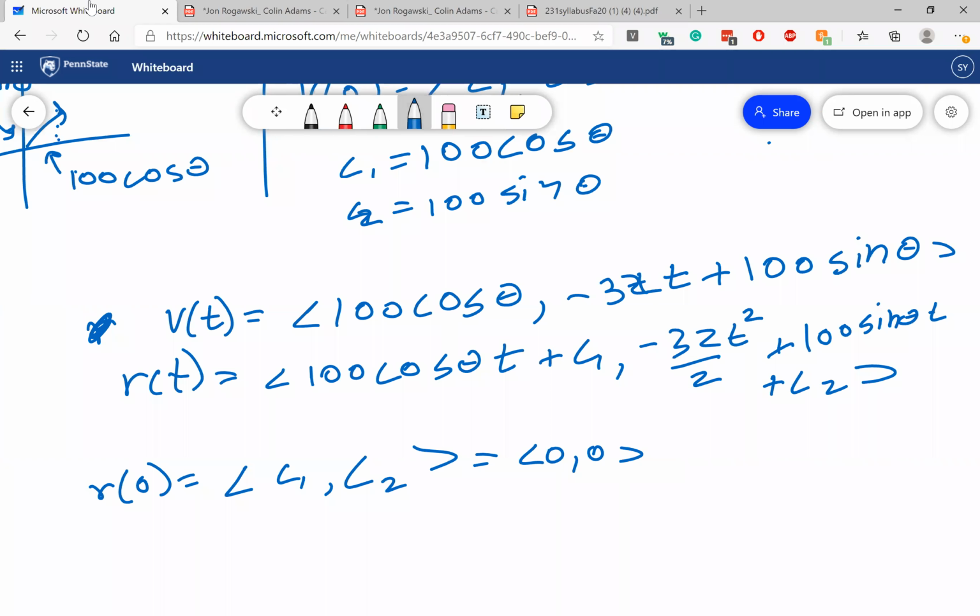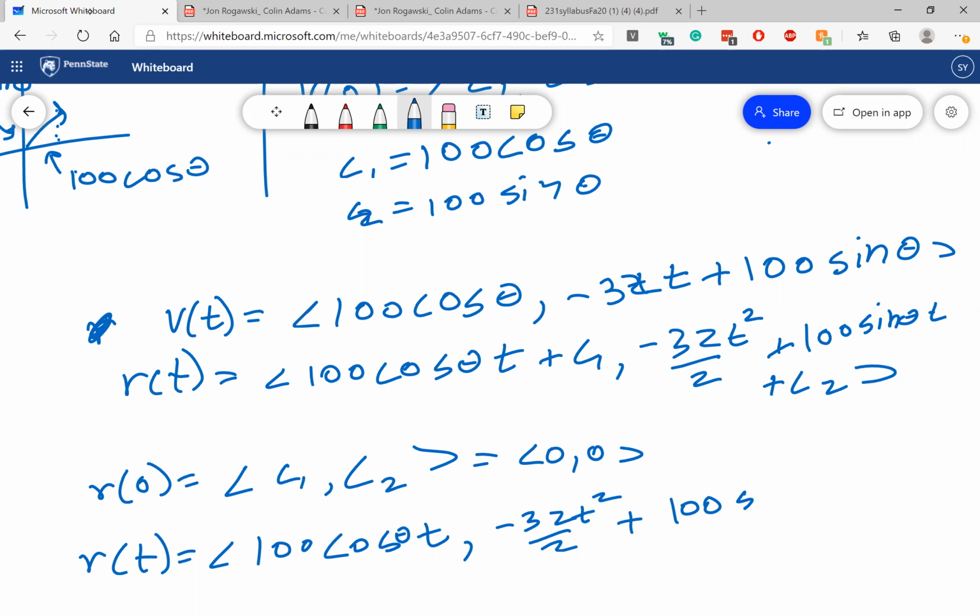So that would tell us that our r(t) is going to be equal to 100 cosine of the angle times t, negative 32 t squared over 2 plus 100 sine of the angle times t.